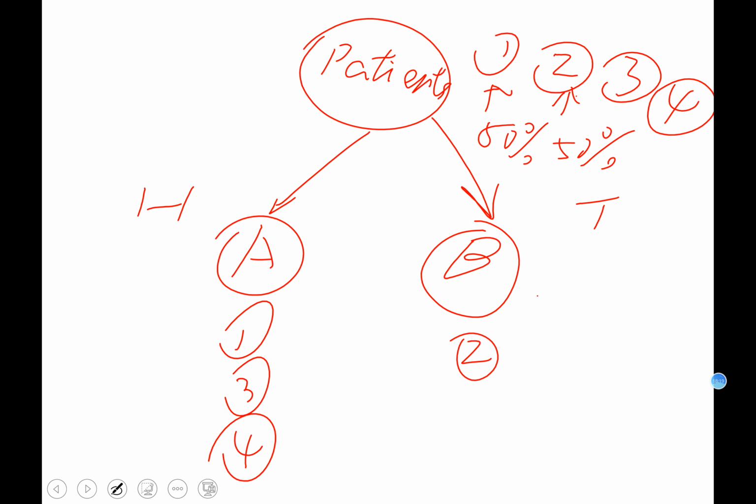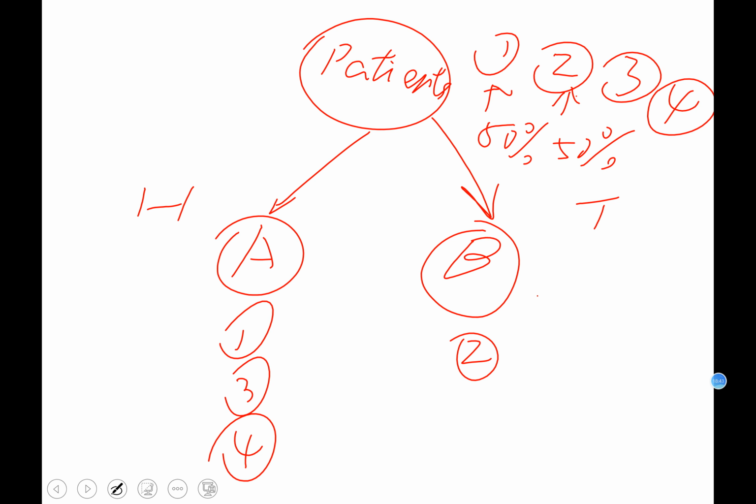So that means the result of the grouping is random. So here, this study is based on random grouping.